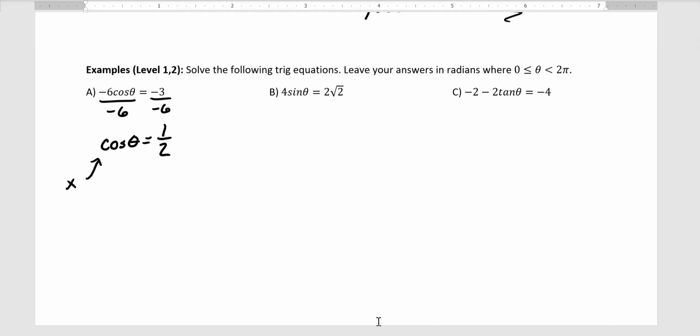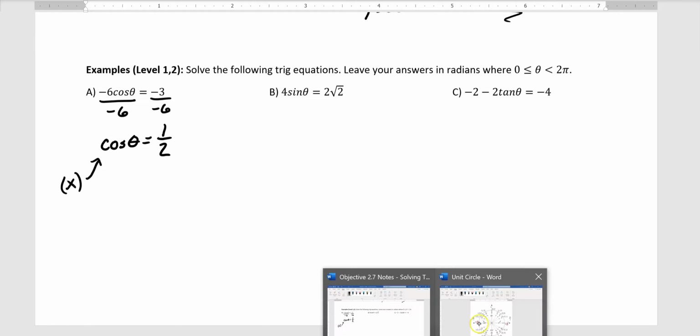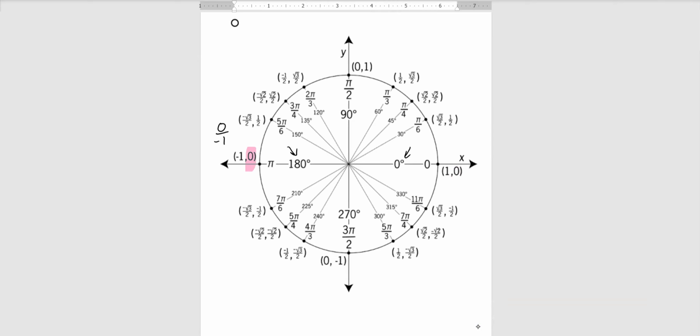Remember that cosine is our x value, so I want to find values on my unit circle where x is 1/2. So let's see here, x values of 1/2. Oh, here's one. Notice that this one is -1/2, so it's not what we want.